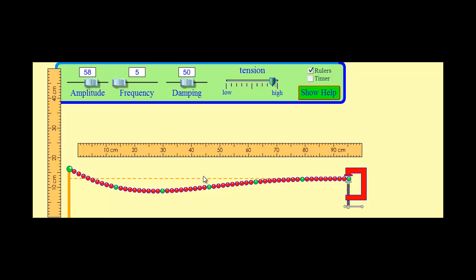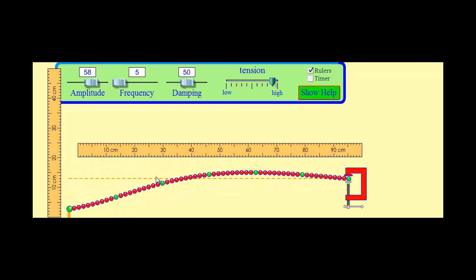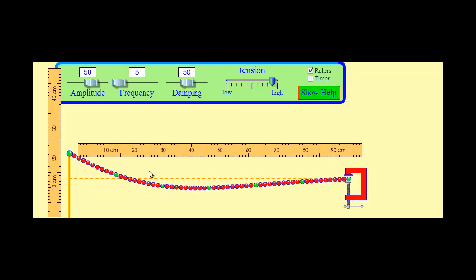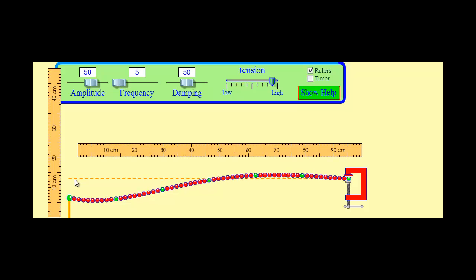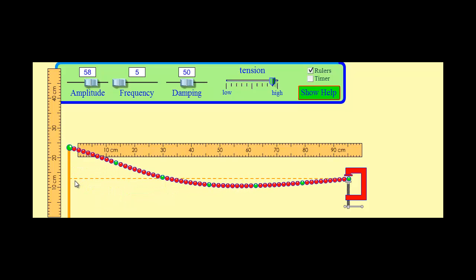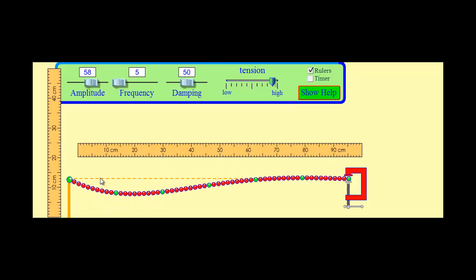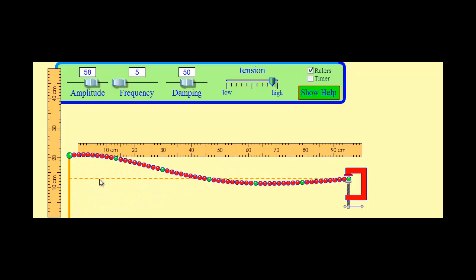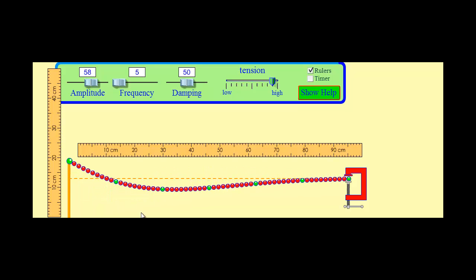So let us try to understand what amplitude is. As you can see, there is a displacement for each of these particles. The distance of a particular point from this average mean position is the displacement of the particle at a particular time.